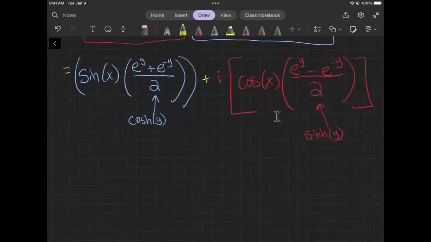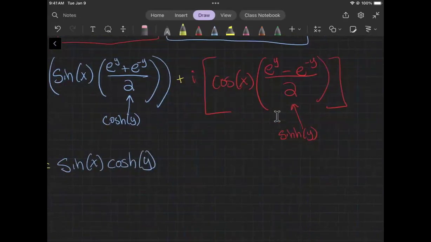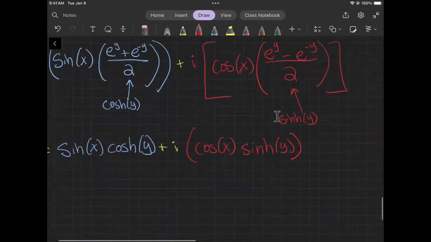So we can actually express this as sine of x times hyperbolic cosine of y plus i times regular cosine of x times hyperbolic sine of y.